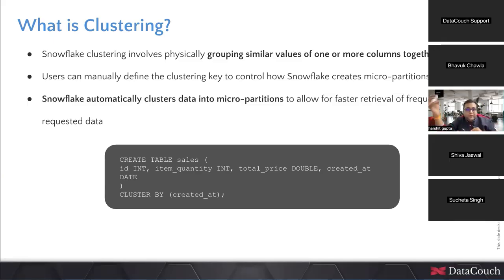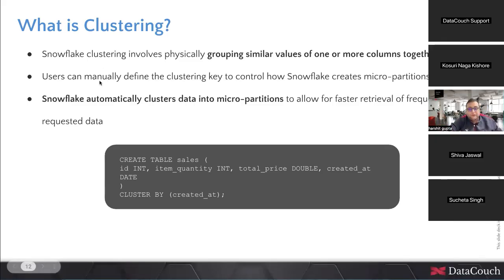From the APAC region, the EMEA region, the Europe region, or any other region, we want to see on which date the orders were more or less. So not a single field, but multiple fields or columns can help us group this data.